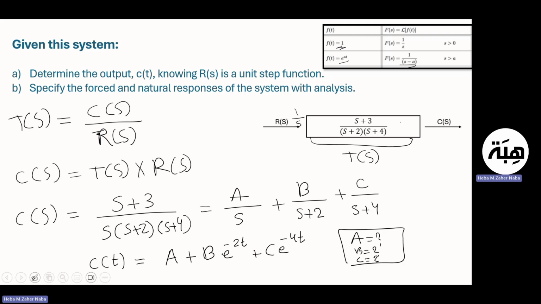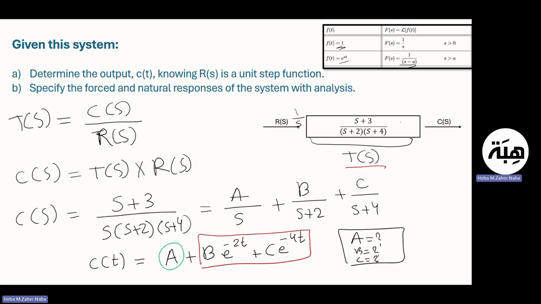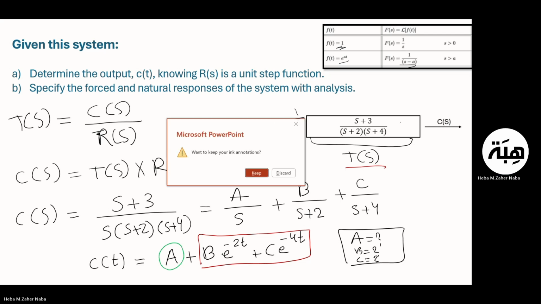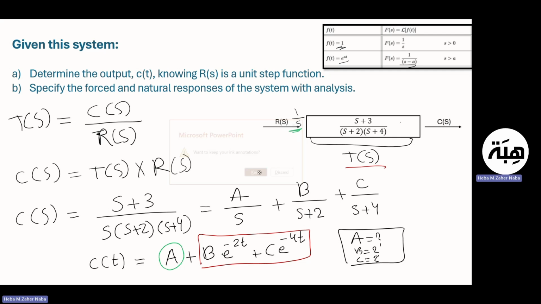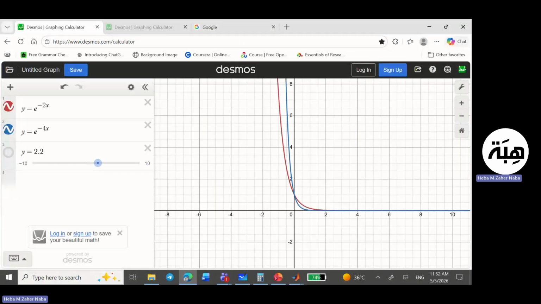We can see that both of these exponential terms came from the transfer function itself, and A came from the input, which is in this case a unit step function. So if we plot these graphs, let's start by plotting e to the power of minus 2x and e to the power of minus 4x and analyze the behavior.